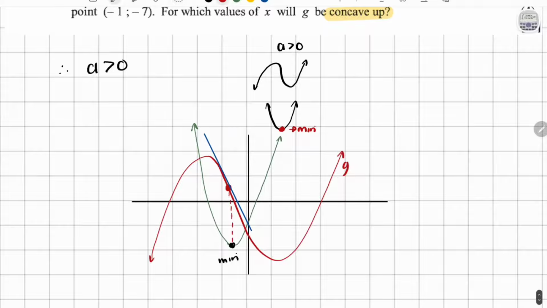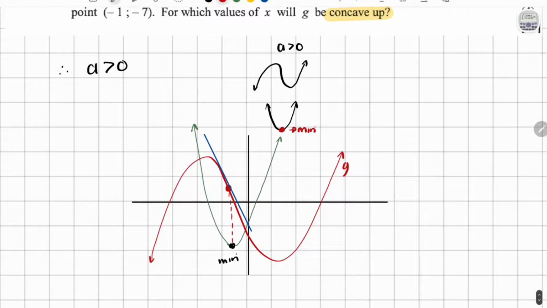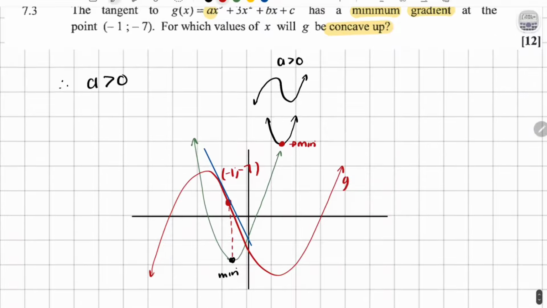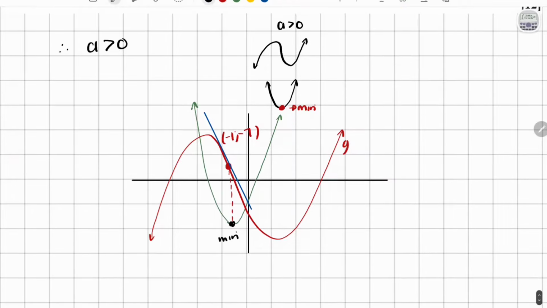Now, the point where it's cutting the cubic function itself is at -1 and -7. So that is at -1 and -7. And this is already saying a lot, because we know now that this has a minimum gradient. This is really what this means. You need to remember how cubic functions and their derivatives work. When you have a cubic function that looks like this, if you derive it, it will become a positive or concave up parabola.